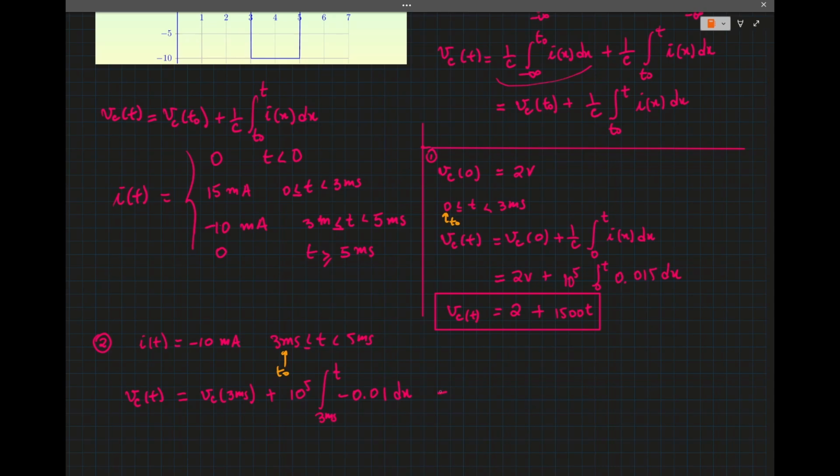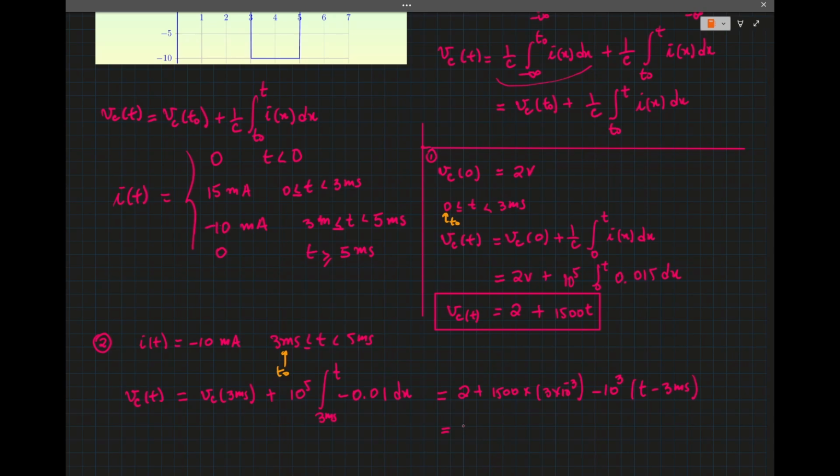So when I integrate that, the VC of 3 millisecond is 2 plus 1500 times 3 times 10 to the negative 3, plus 10 to the 5, the integral of minus, so if you like, I would just multiply that, then we have minus 10 to the 3, and then t minus 3 millisecond.